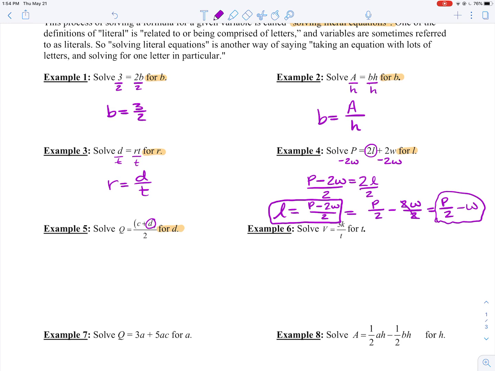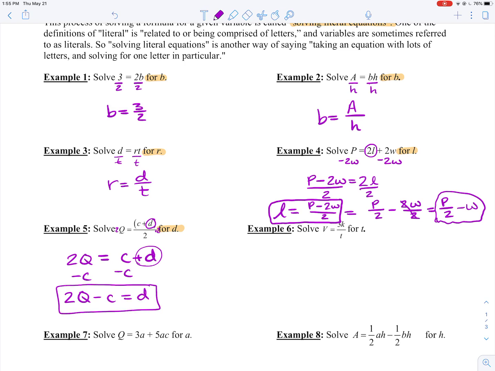So the first thing I need to do is multiply both sides by the 2 to get rid of the denominator. So I'm going to get 2Q equals C plus D. And then I'm still trying to get D by itself, so I'm going to just subtract C from both sides. And so I get 2 times big Q minus C equals D. So you just want to keep looking for that letter that we're trying to isolate.